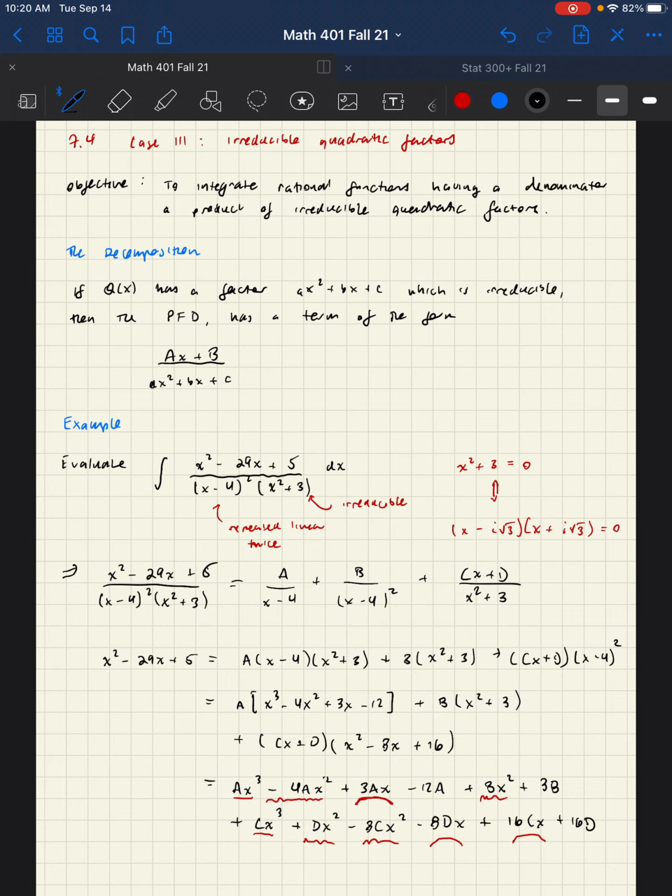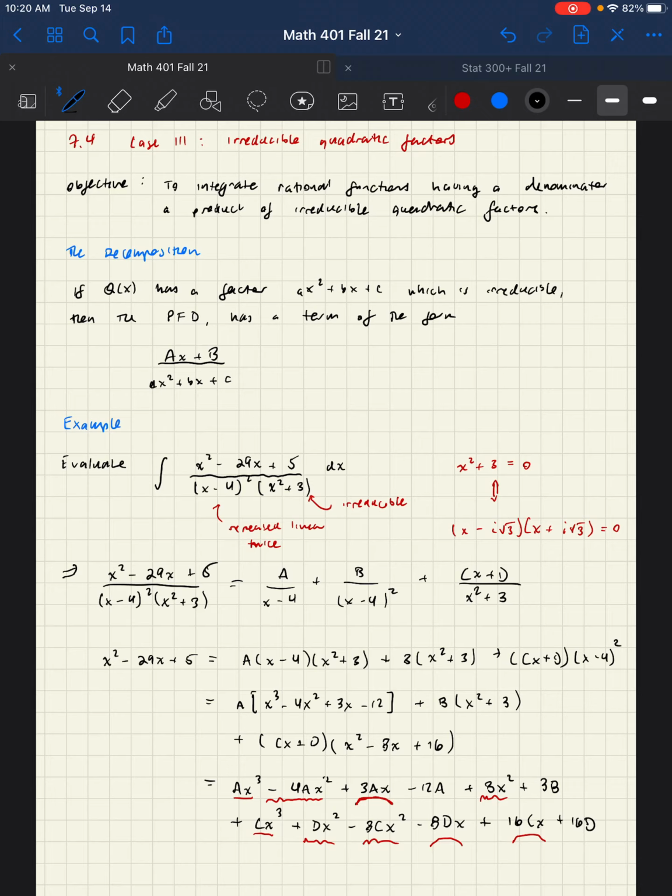Next, the x terms. We have 3A, no x terms with B, it appears.